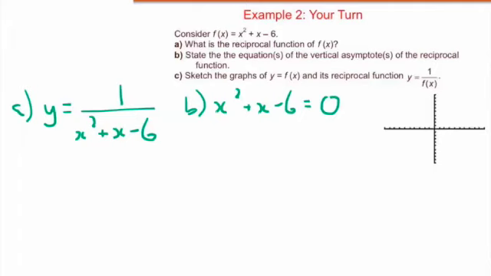To solve this one, again, factoring is probably the easiest way. We need two numbers to multiply to -6 and also add to 1. Think about that for a second. +3, -2.